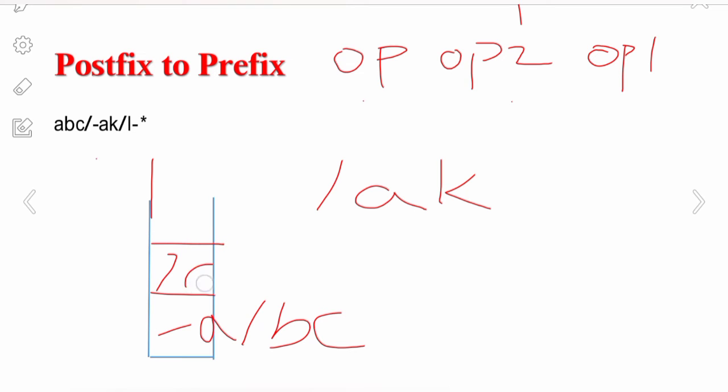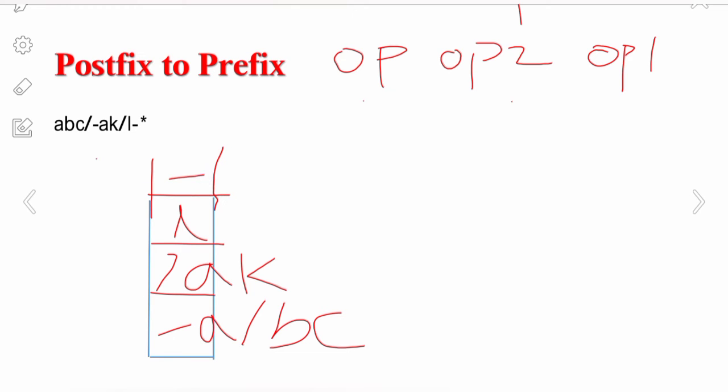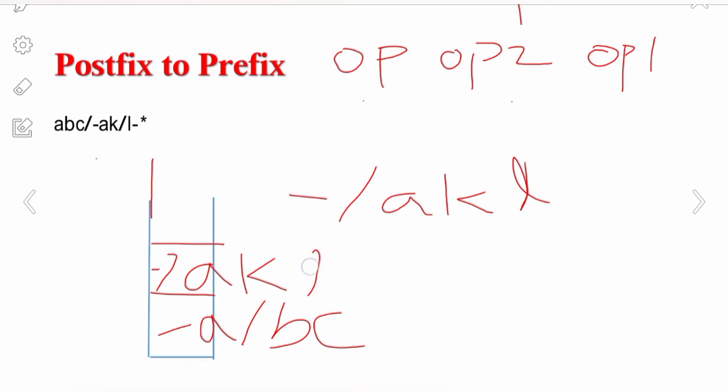Next we go to the next element, that is L. Next is minus, right? So again we have an operator here, so minus, operand 2 is division AK and operand 1 is L. So again push it back into the stack. We will get the expression in the format minus division AK L.